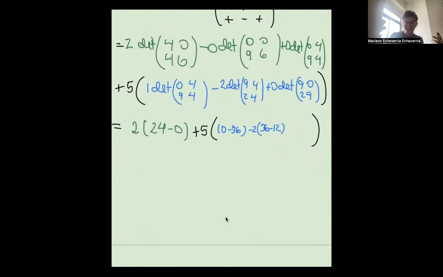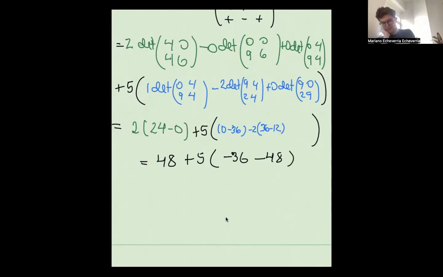Okay. And at this point, it's just about being careful to not mess up anything. But this 2 times 24 is 48 plus 5, then minus 36. Then what does this give you? 24, right? Minus 48. Is that making sense?